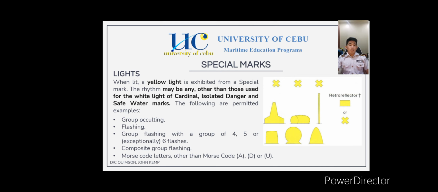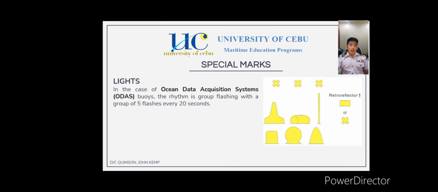And lastly, Morse code letters other than Morse code A, D, or U. Next, the lights in the case of Ocean Data Acquisition System or ODAS buoys: the rhythm is group flashing with a group of 5 flashes every 20 seconds.